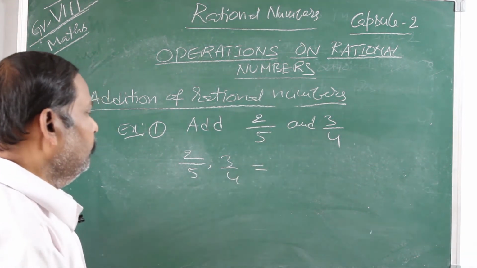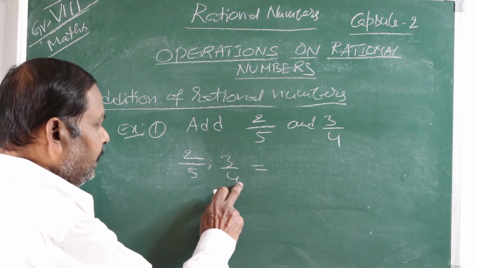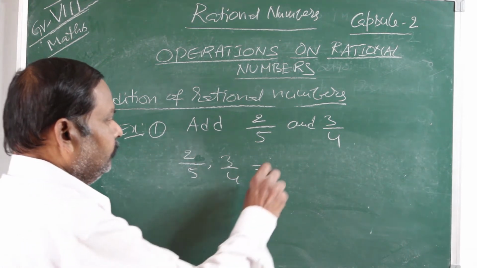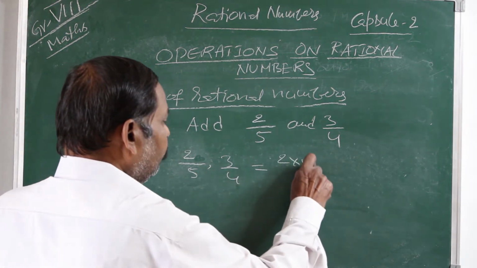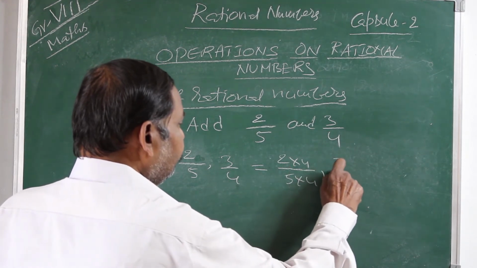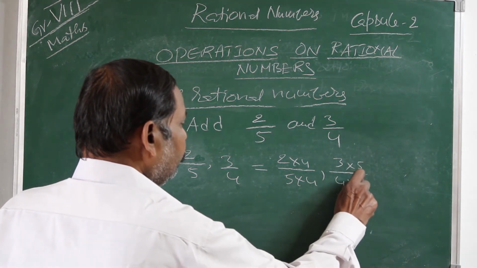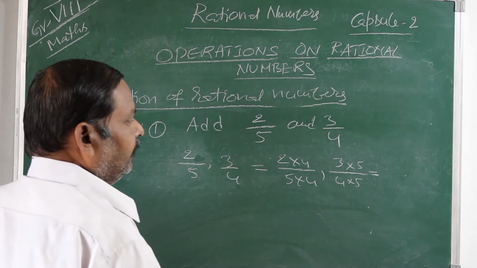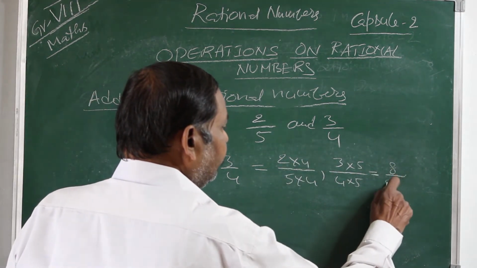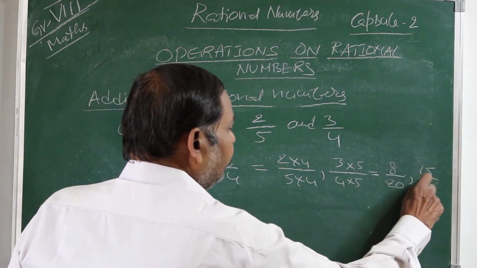2 by 5 and 3 by 4. First, with the denominator of the second rational number, multiply the numerator and denominator of the first. So that is 2 into 4 by 5 into 4. Similarly 3 by 4 becomes 3 into 5 by 4 into 5. This is 2 4s are 8 by 20, 3 5s are 15 by 20.